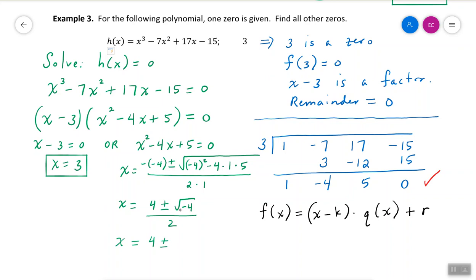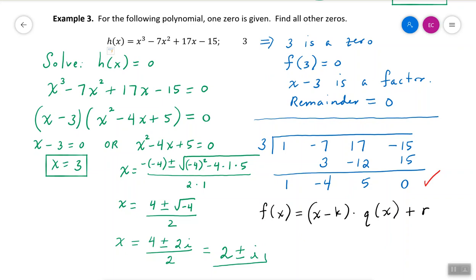4 plus or minus the square root of negative 4, which we learned to write as 2i. So these zeros are not real numbers. We can do one more step. We can distribute the 2 in the denominator to each term in the numerator. 4 over 2 is 2, plus or minus 2i over 2 is just i.